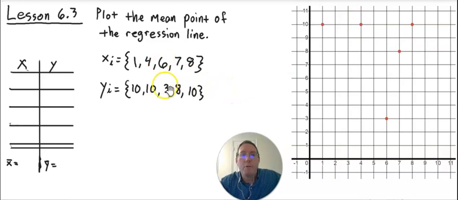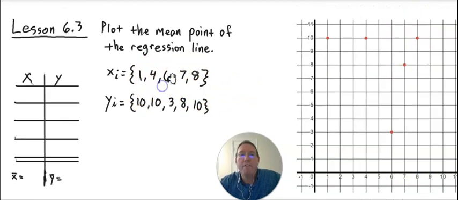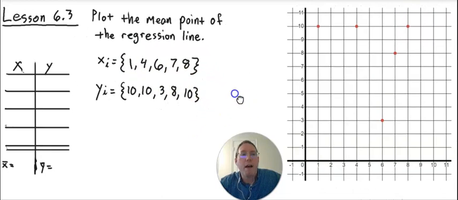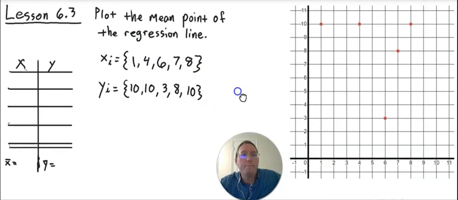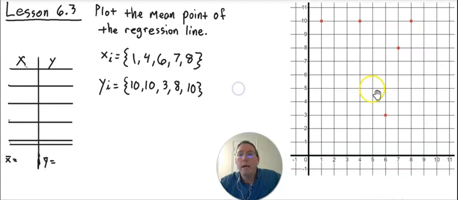Then (6, 3), so over to 6, then up to 3 right here. Then (7, 8), so we go to 7 and then up to 8. And then (8, 10), here's 8, and then up to 10. So these are five different points, and we plot them on a coordinate plane.